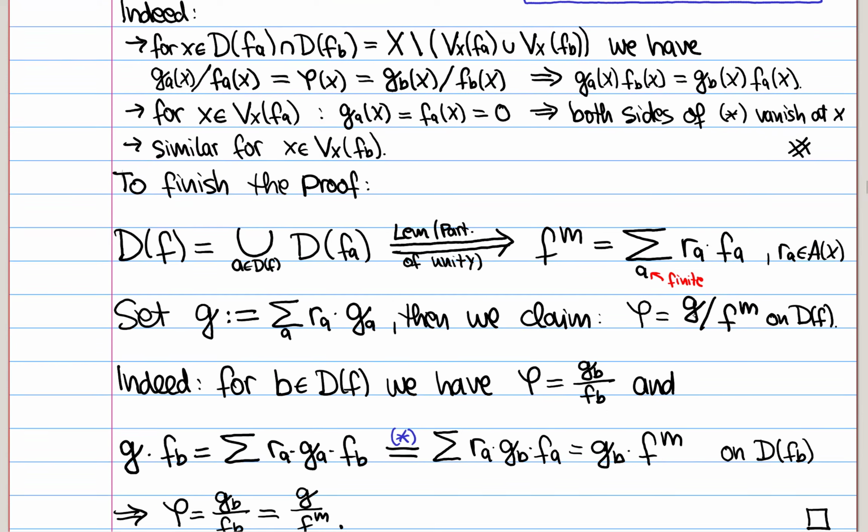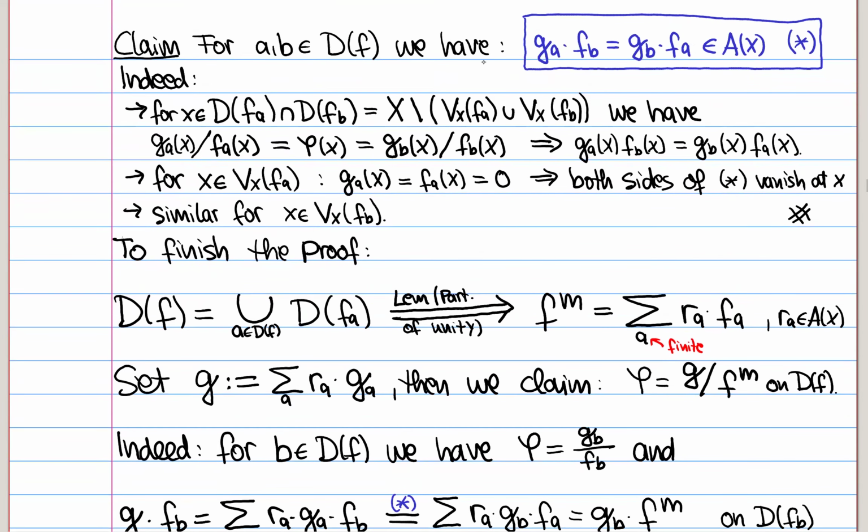So we start by saying g times f_b on this side here. We want to start manipulating this. And then we just plug in the definition of g. We get the sum over r_a times g_a, and still this f_b. And now here we see we have this term g_a times f_b.